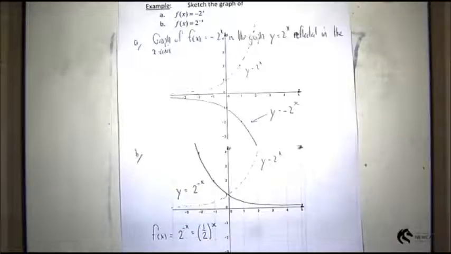So if I do the graph of 3 to the x, which is going to look something like that, then all I have to do is move it across 1 unit. And it's going to go like that. That's y is equal to 3 to the x. Here's y is equal to 3 to the x plus 1.